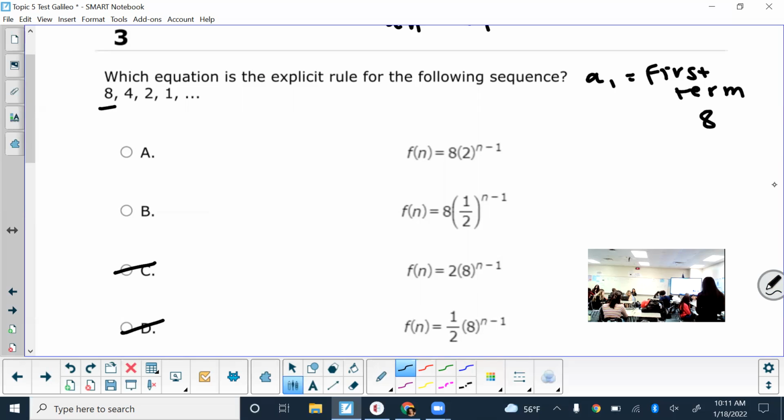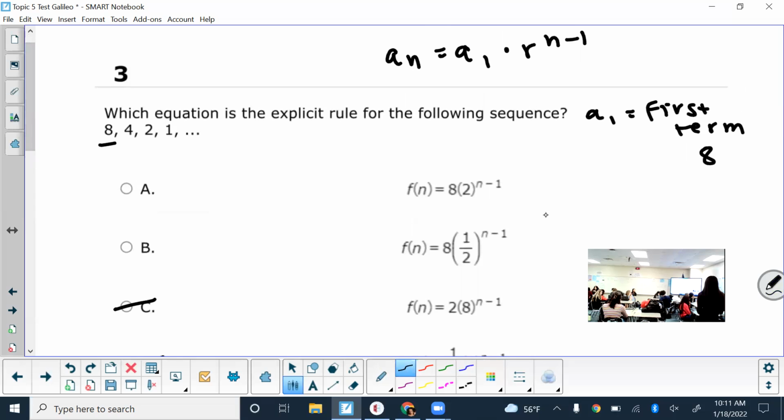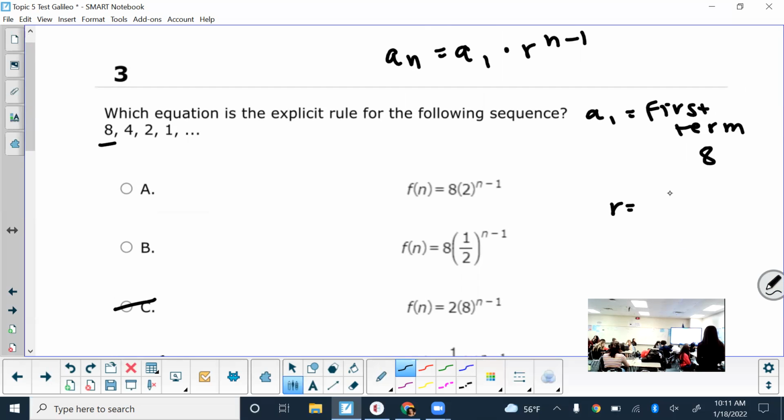All right, and then you were supposed to identify what else? R, which stands for kind of like your rate, but in sequences, we called it the common ratio.